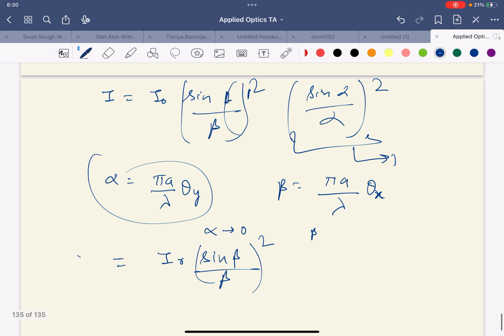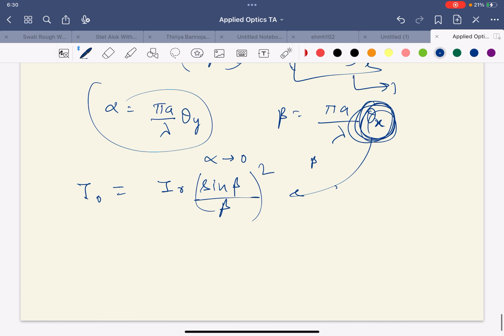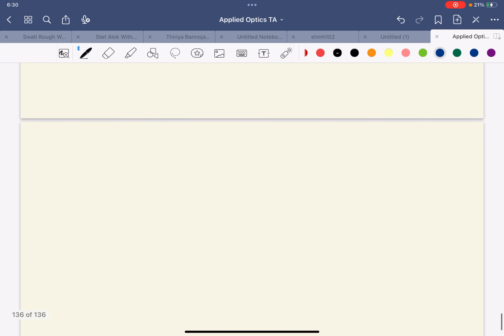So this tends only in the theta x direction, the horizontal direction. If the slit is vertical, then the pattern will be in the horizontal direction.